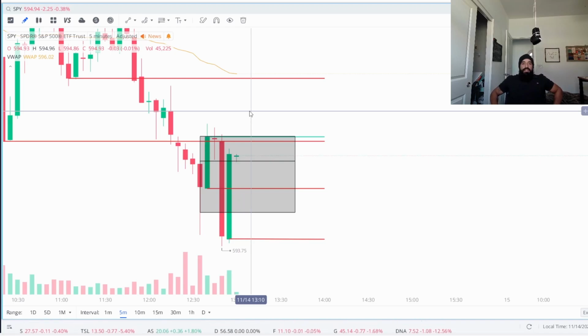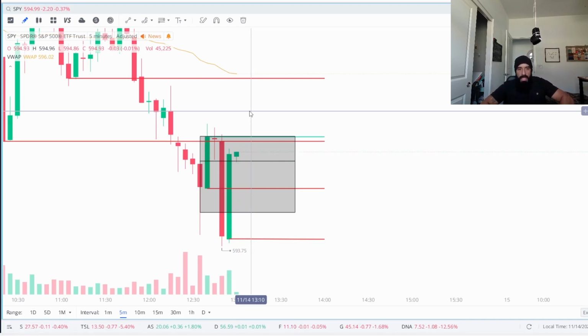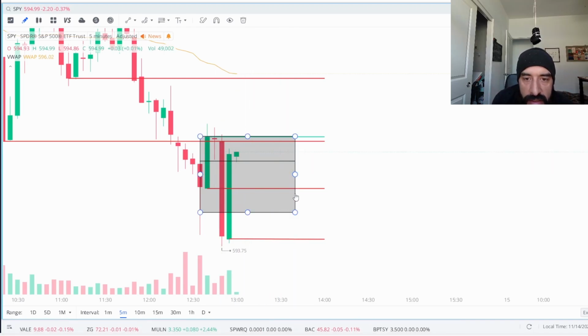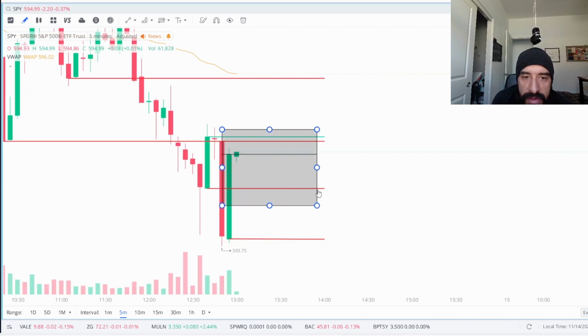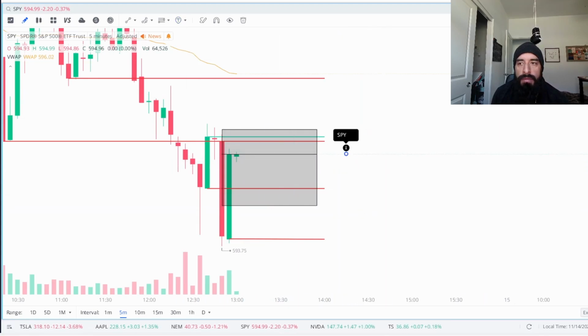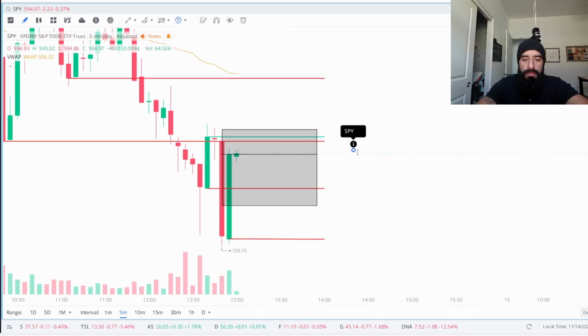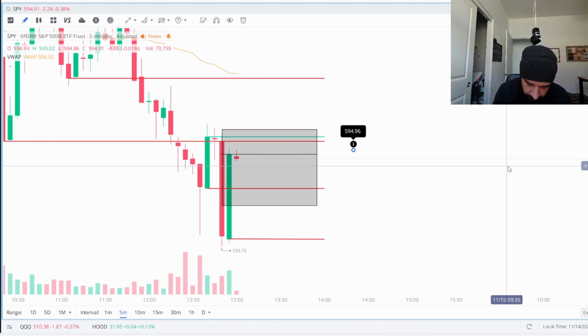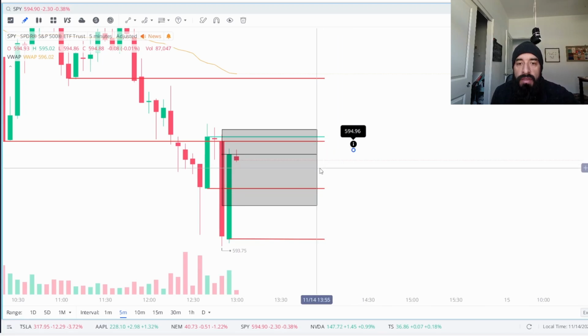Let's see what would have happened if I would have entered this trade. Because if I would have entered the trade, my dollar box would be like this, locked in place. And then I would have been right here where I close 594.96. 594.96 plus 20.33 equals 595.29.